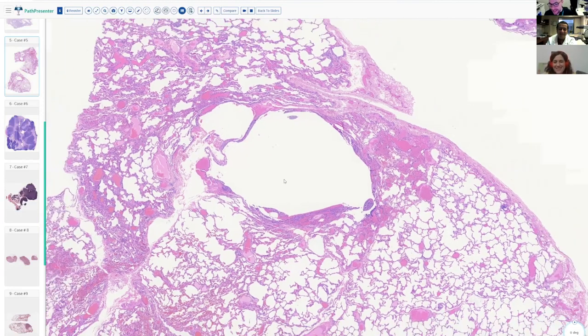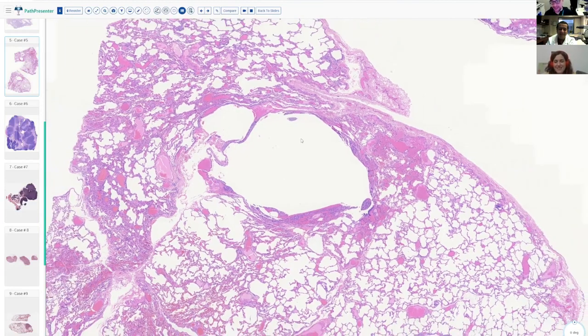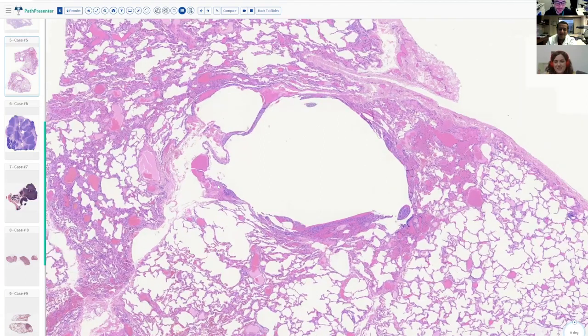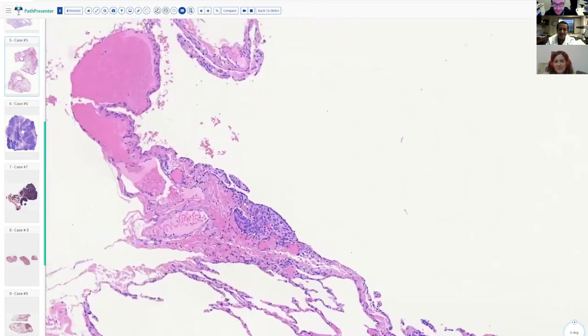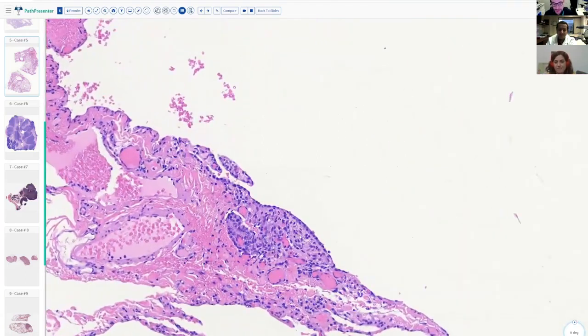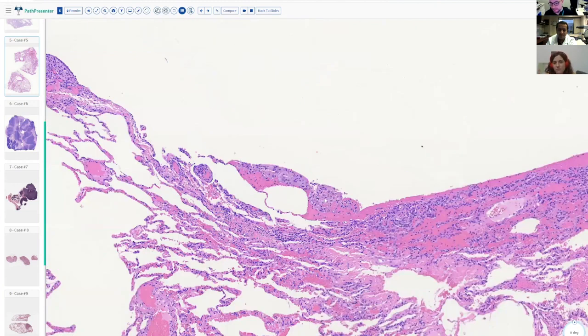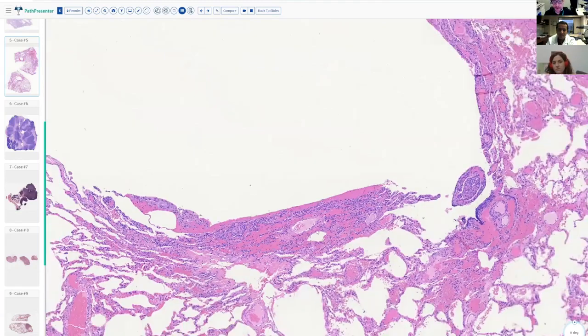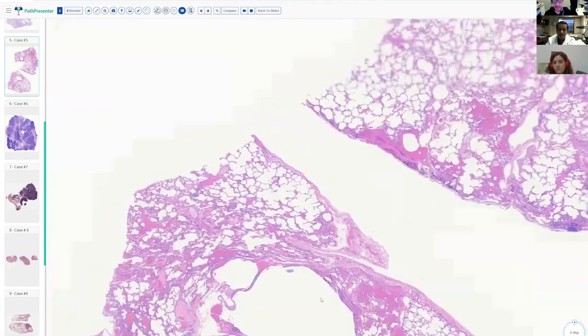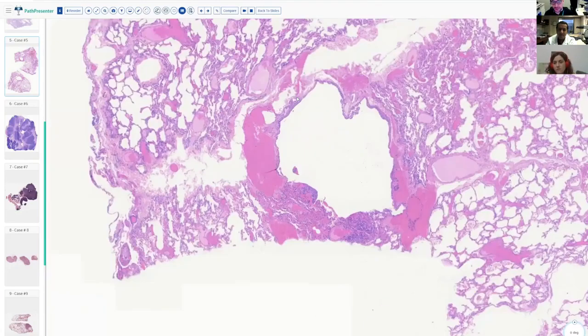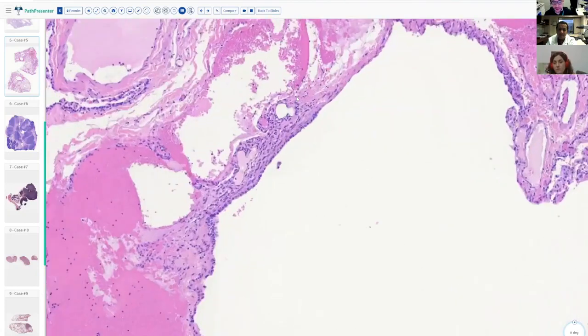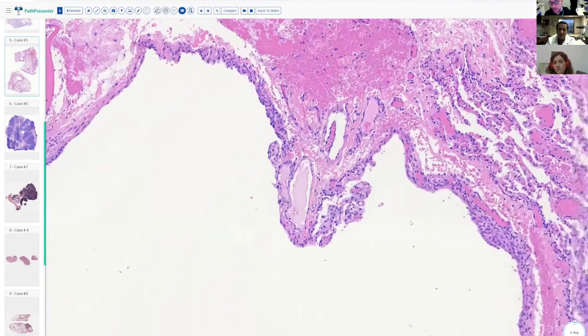So this is a cyst in the lung, and whenever you have cysts in the lung, you always want to look at the lining of it and see the wall. Here we have these spindle cells that are focally present in the wall throughout. These are characteristic features of LAM, which characteristically occurs in younger females.